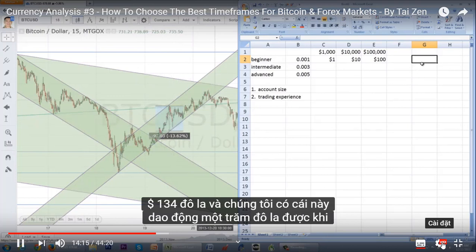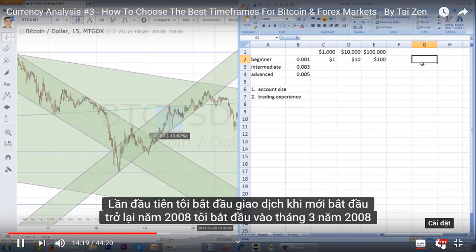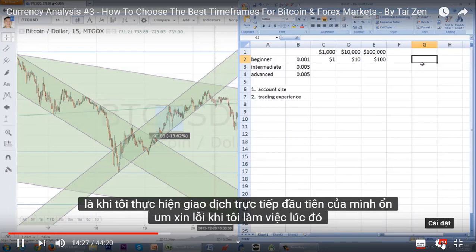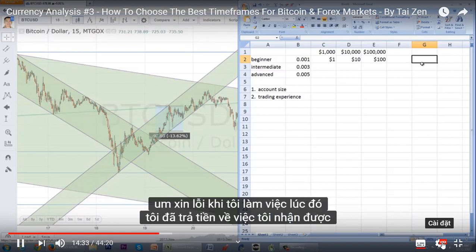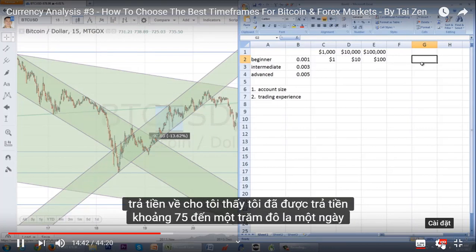When I first started trading as a beginner back in 2008, I started in March of 2008, which was when I made my first live trade. At that time, my job was paying me about $75 to $100 a day.